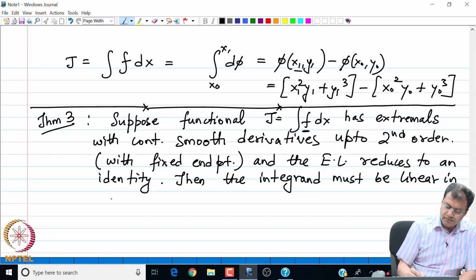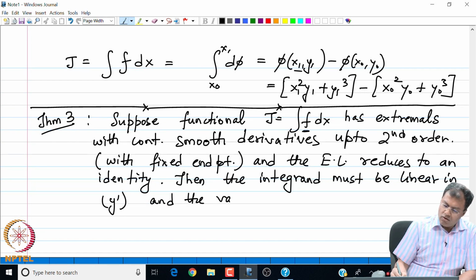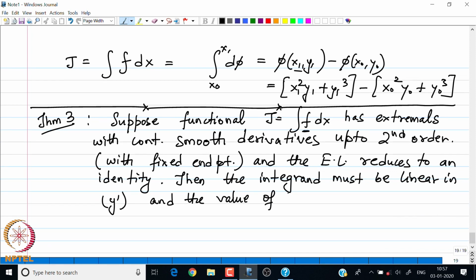in y prime, right, and the value of the functional is independent of y, right.